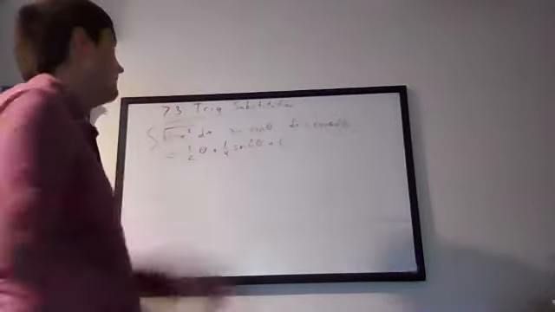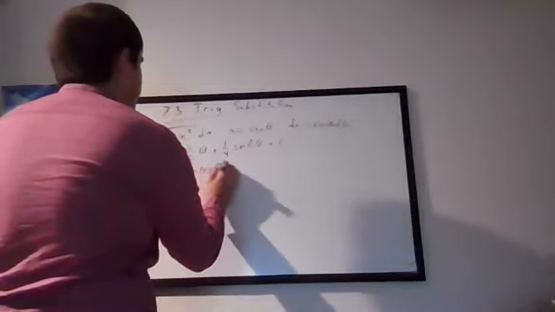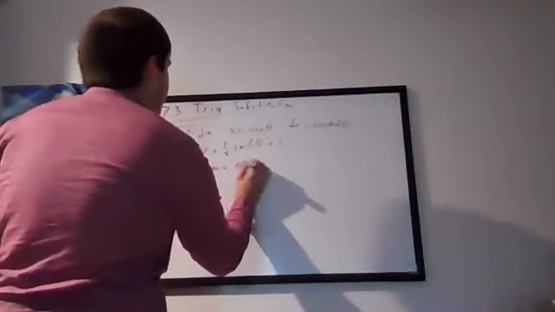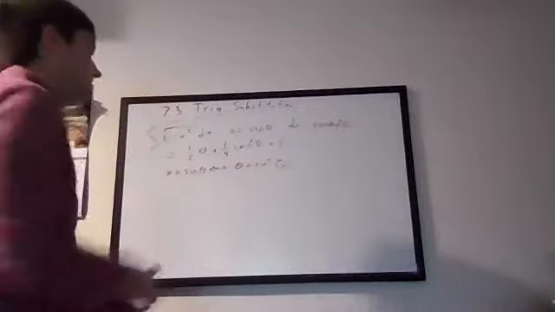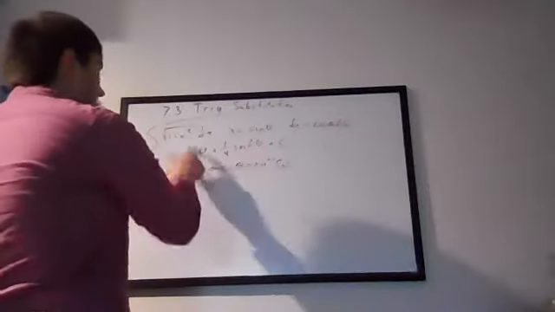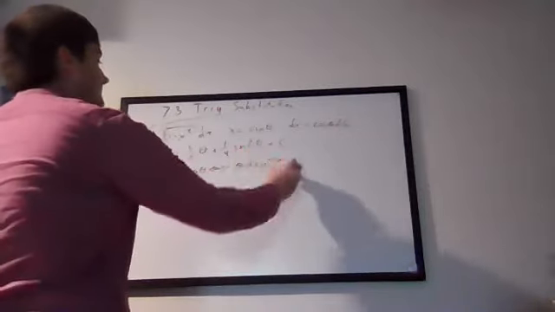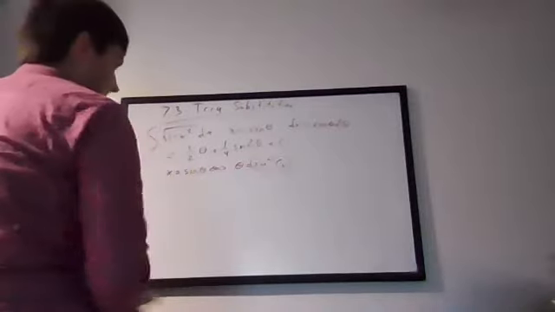Well, we know x is equal to sine theta, so that's the same thing as saying that theta is equal to the sine inverse of x. So theta is going to become sine inverse of x. That doesn't necessarily help us at the moment, but it at least gives us this piece.